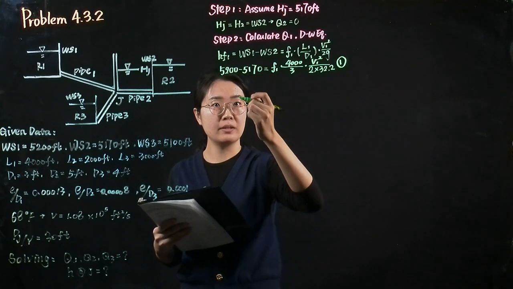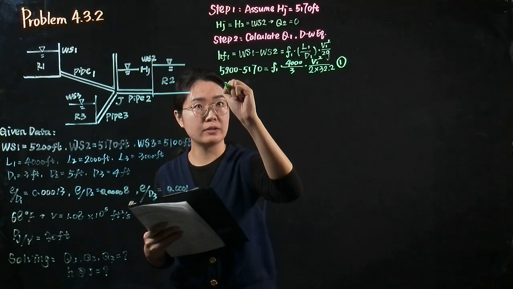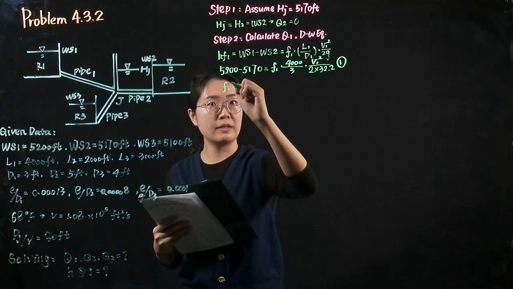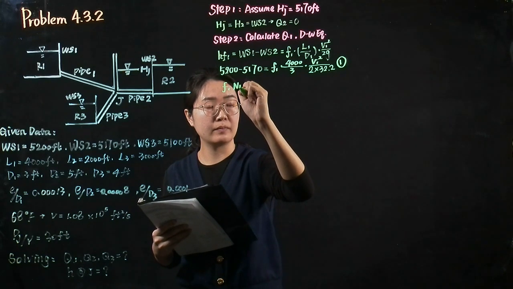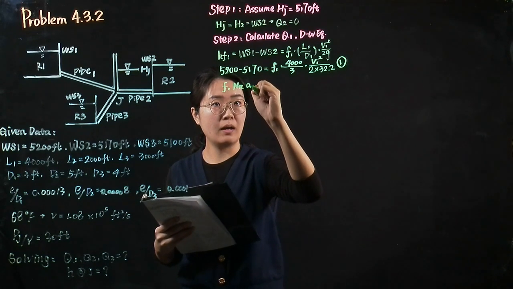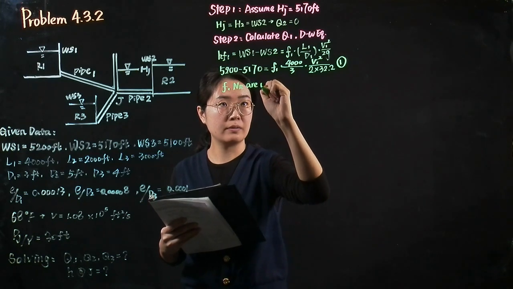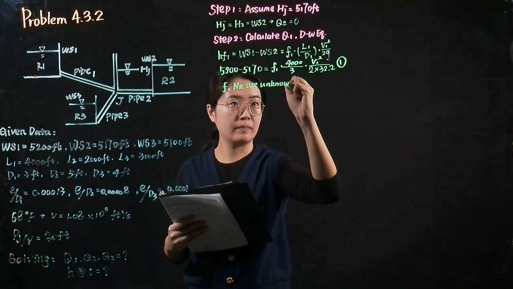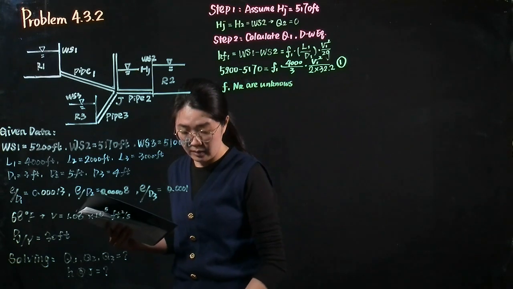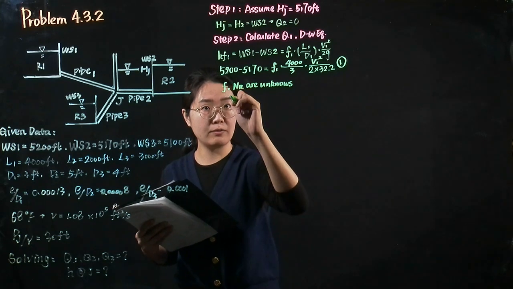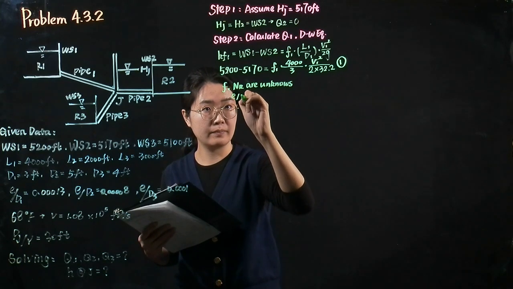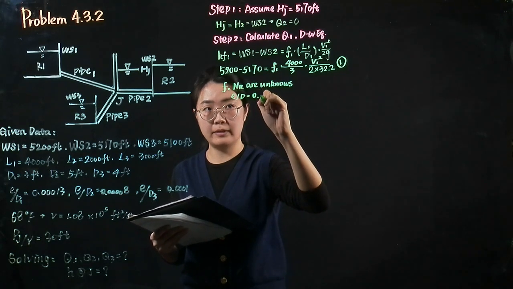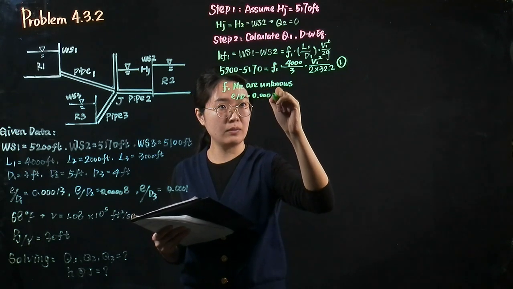We can see that the friction factor and the Reynolds number are all unknowns, and we only know the relative roughness, which equals 0.00013.